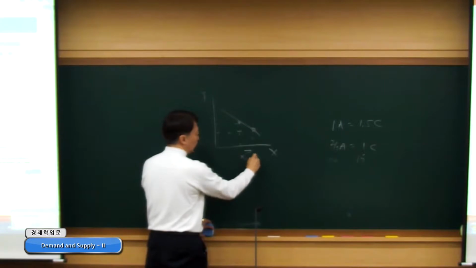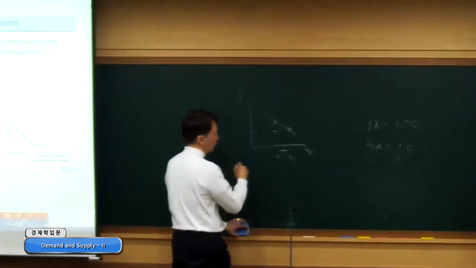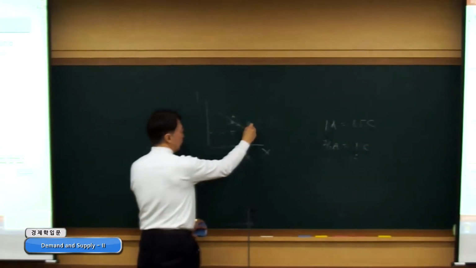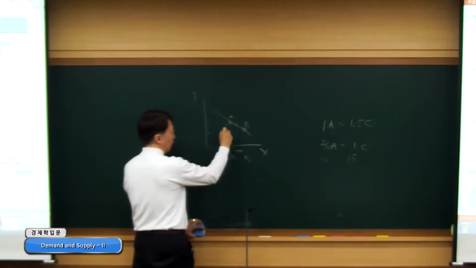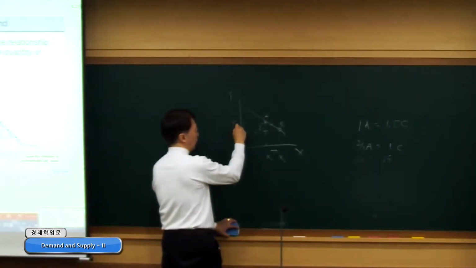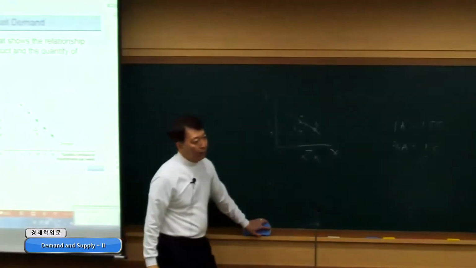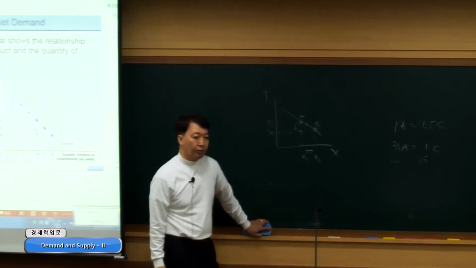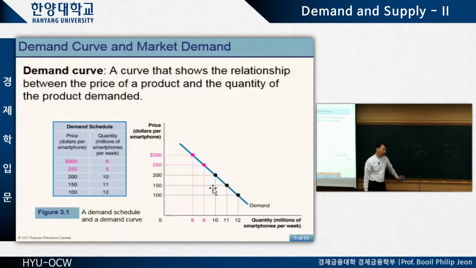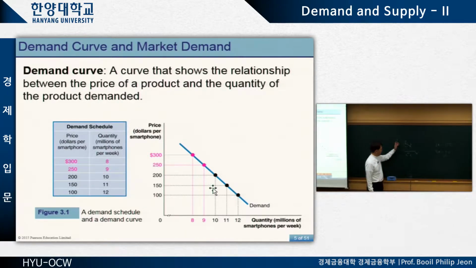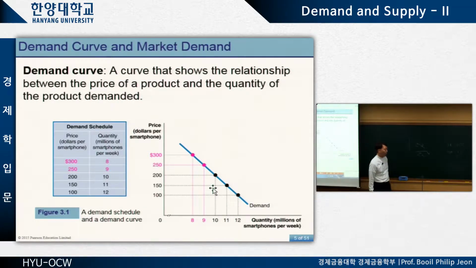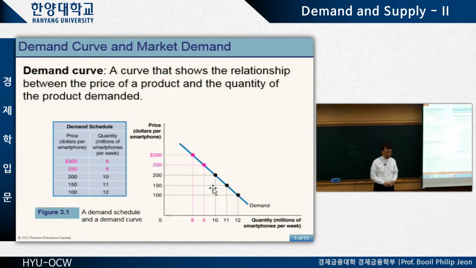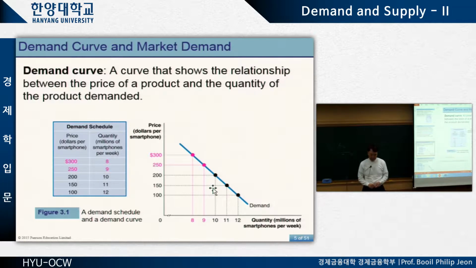From x1 to x2, if the x value increases, we move from point A to point B, which means the y value decreases, from y1 to y2. We call it a negative relationship or inverse relationship if the line is downward sloping, and that's exactly what we have in the relationship between price and quantity demanded.